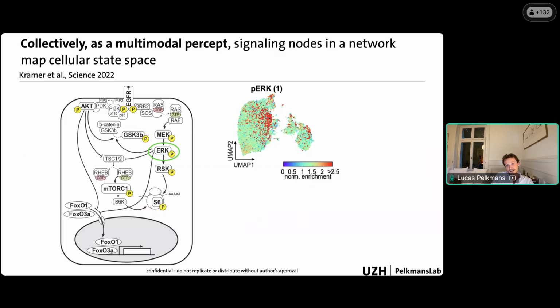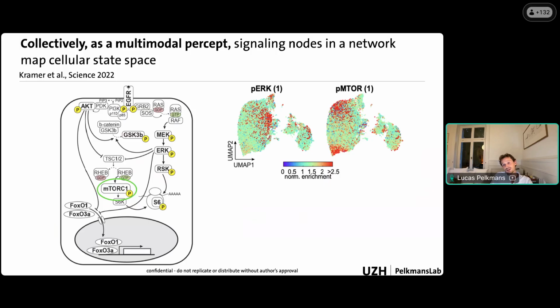And if you see the color red, it means it can map the local neighborhood very accurately. And when you see colors down to blue, it says that it cannot map the neighborhood very accurately. So if you allow cells to map their cellular state neighborhood based on phosphorylated levels of ERK, you see that it can map this region, but not so much the rest of cellular state space.